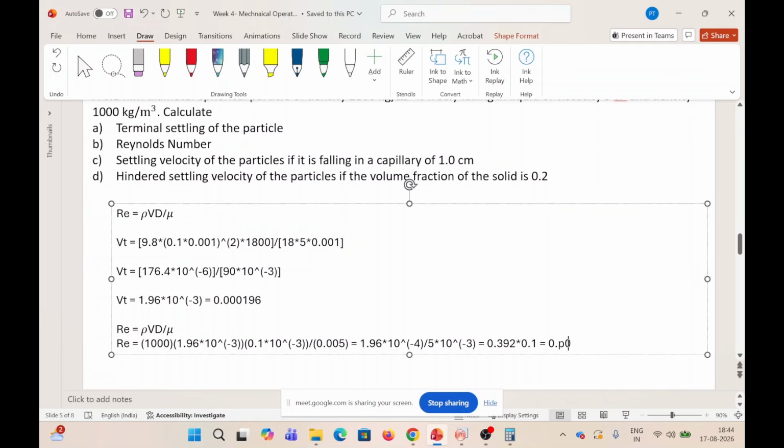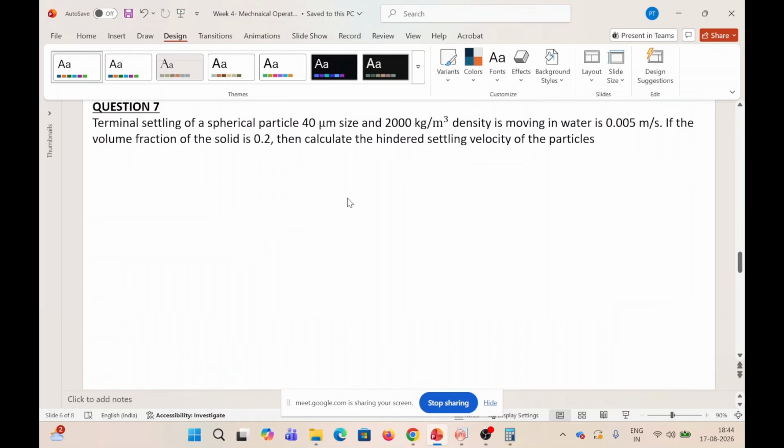So that is going to be 0.0392, which is less than 0.1. Hence, our initial assumption that Stokes law is valid is correct. Now, based on this, we are supposed to calculate the settling velocity of the particle and the hindered settling velocity of the particle if the volume fraction is 0.2.